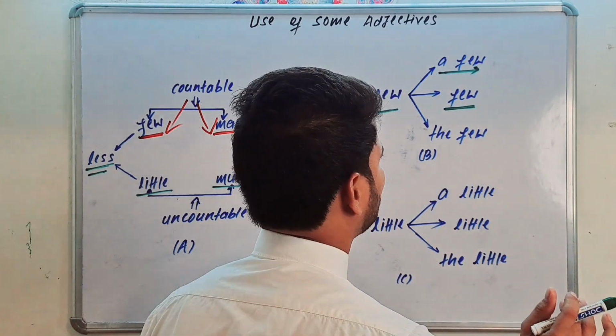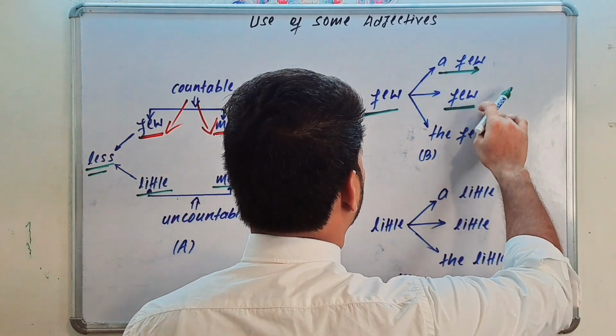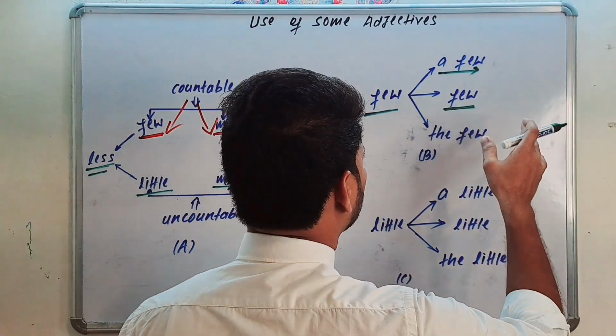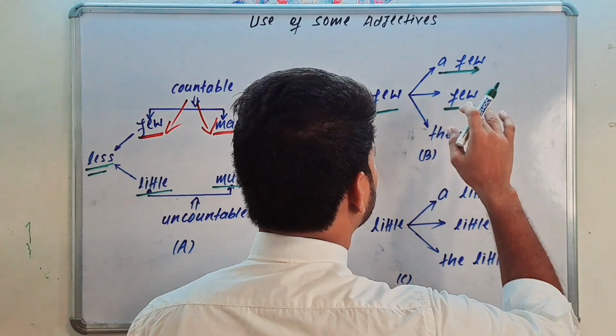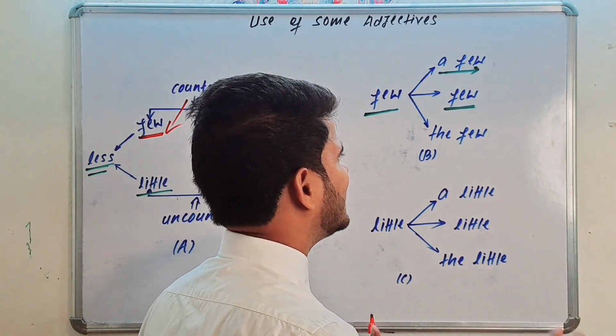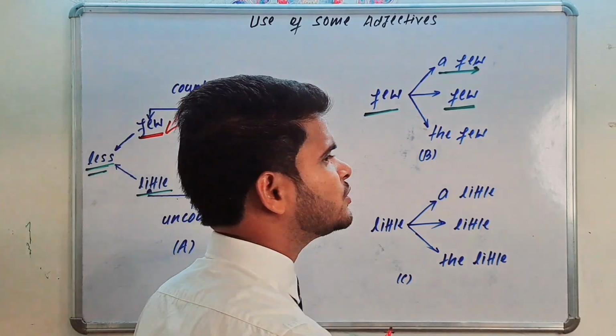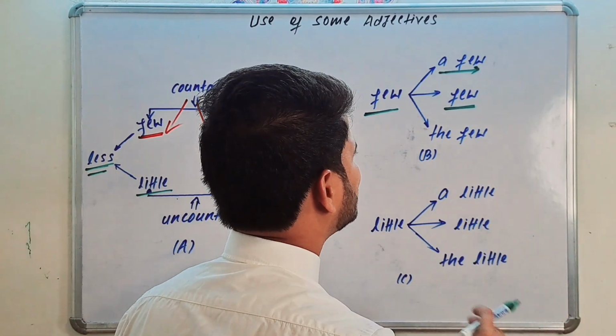And only few means very less in number. Whenever we use only few without determiners, that means very less in number, equal to nothing.